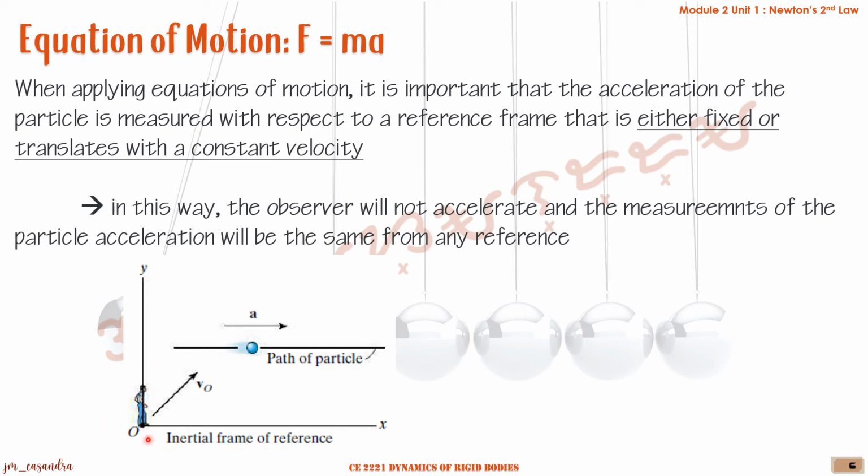So ikaw yung observer nandito, hindi ka gumagalaw, tapos ino-observe mo yung path or yung motion ng particle. Or you could be moving, but you should be moving at constant speed or constant velocity as you are observing this object. Okay? So the inertial frame of reference is also referred to as Newtonian reference frame. Okay?